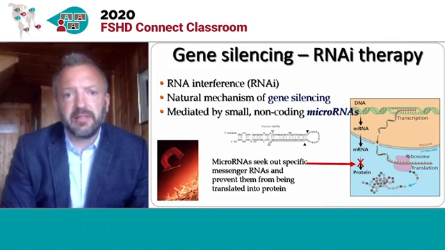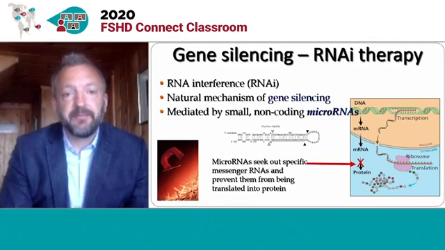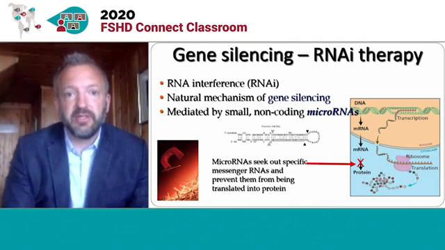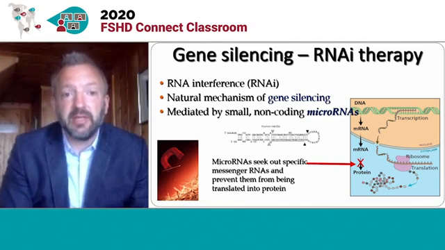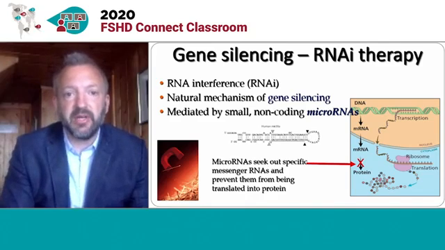These microRNAs are expressed from our genes. Like I said, we have maybe 1,900 to 2,000 of them. When they're made into these small RNAs, unlike protein coding RNAs, they don't make protein. They actually serve to regulate the expression of other genes.